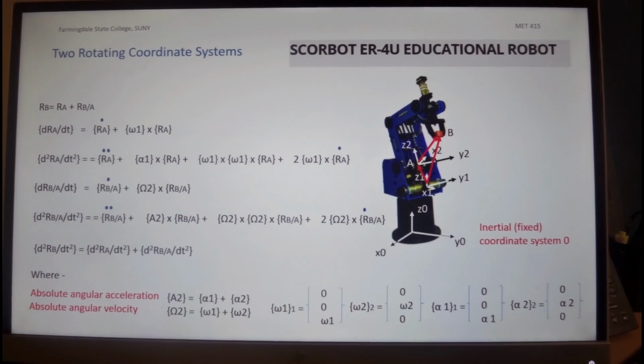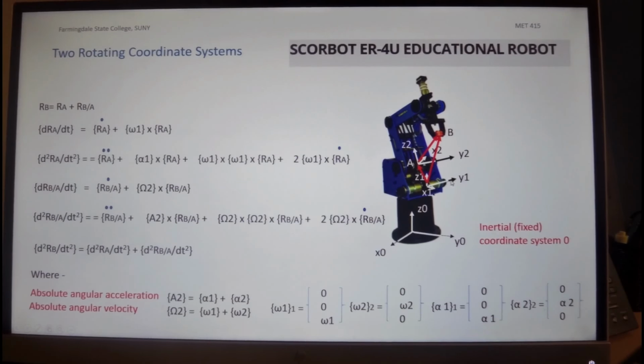If we now take a look at a situation where we have more than one moving coordinate system, we have an inertial frame at the base of a robot. We have another frame which is moving with the base of that robot, this element over here. It has x1, y1, and z1, and it has a fixed point A, which is the pivot of the arm, and we attach another coordinate system, which is x2, y2, z2, to that pivot.